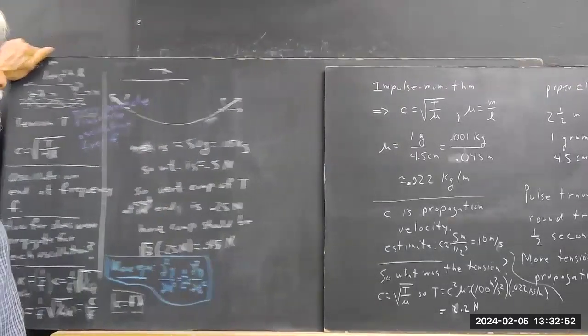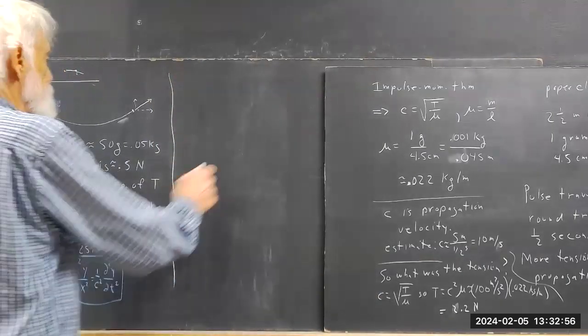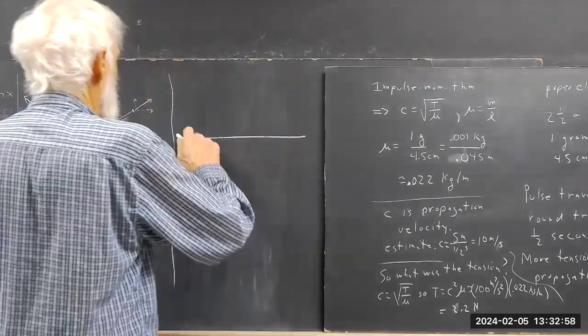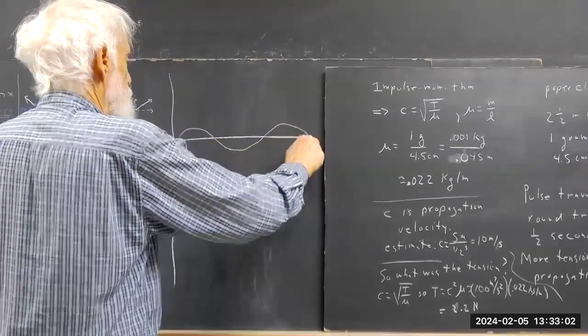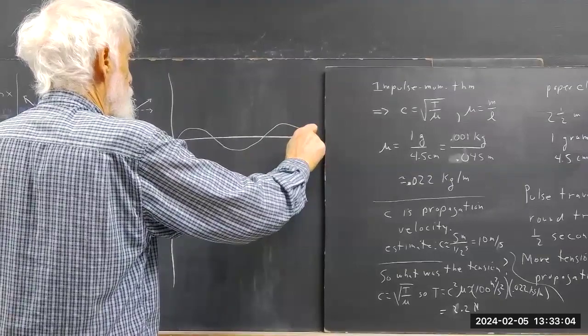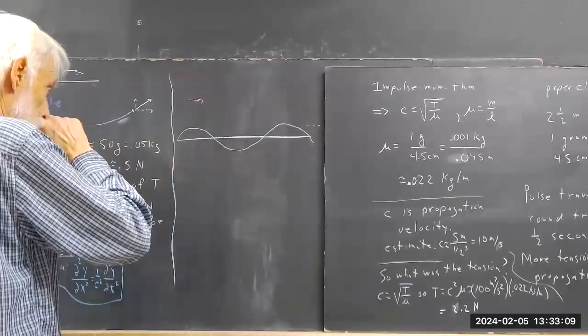What we then have is a bigger picture of this wave propagating. And let's say it keeps going, propagating to the right.